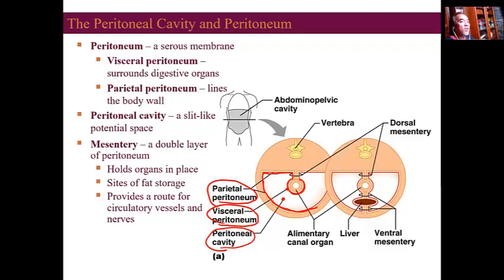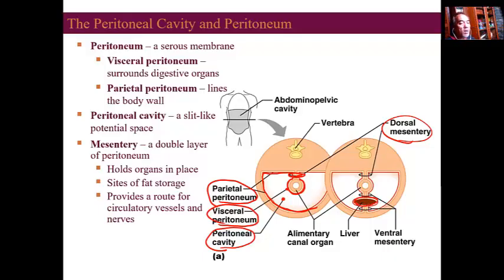So let's identify some of the structures that are seen within the peritoneal cavity. There are membranes that hold the abdominal organs to their dorsal wall. They're dangling from the dorsal wall, and that is the dorsal mesentery. There's nothing holding the abdominal organs to the ventral wall, except for one organ, which is the liver.